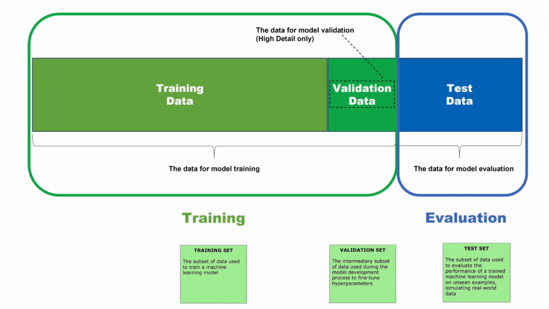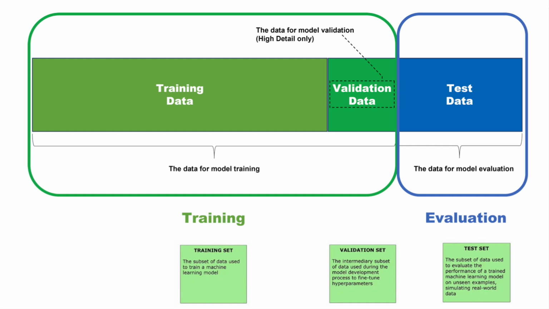Next to the training, we have the validation set. This is a smaller portion of the training set used during training to fine-tune the model hyperparameters, like the learning rate, the number of layers, and the dropout rate. And it helps us decide when to stop training and avoid overfitting. Good.